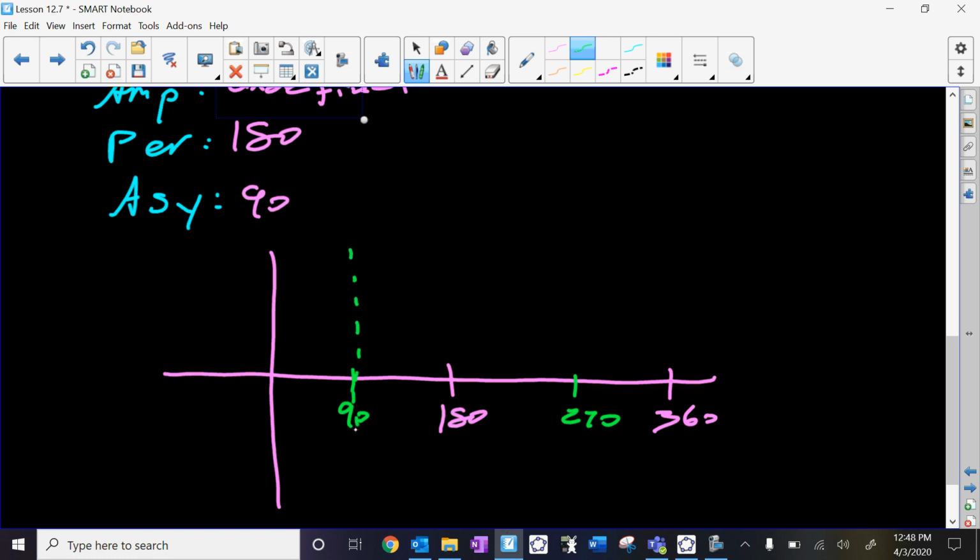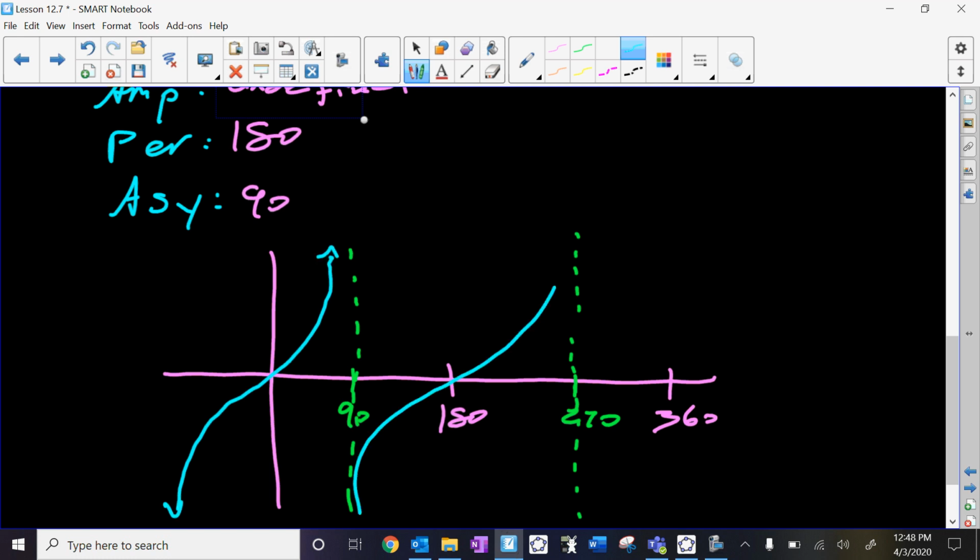Draw in those dashed lines. Tangent function. There's one. There's the second one. And there's the third one.